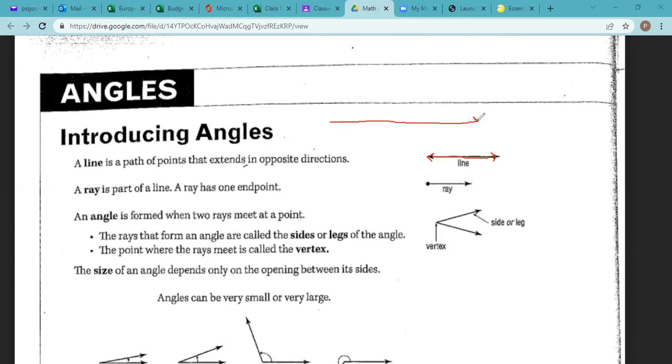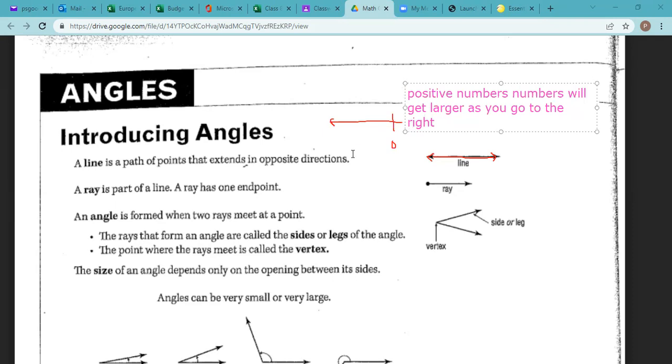Okay, so if I put 0 right in the middle, then what would be to the right of the 0 would be positive numbers. Okay, so the numbers will get larger as you go to the right.